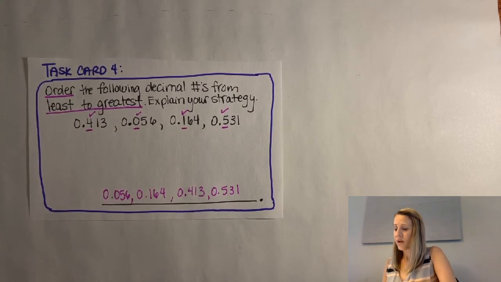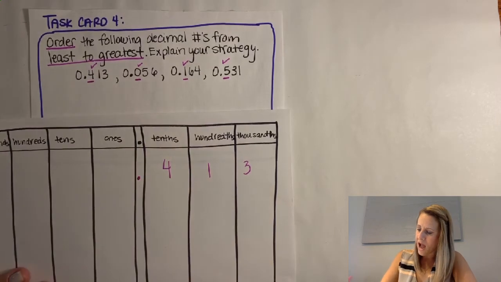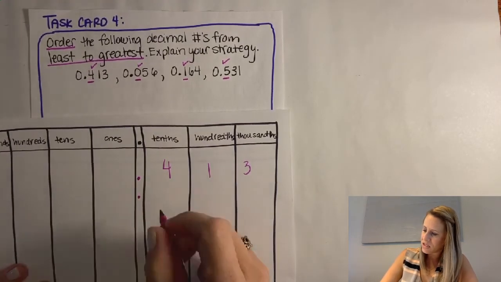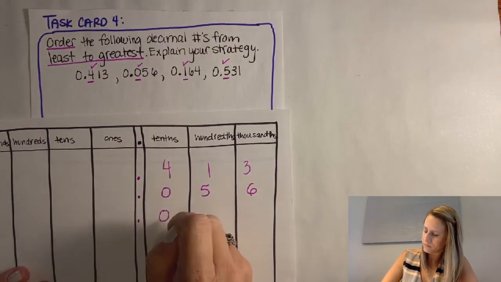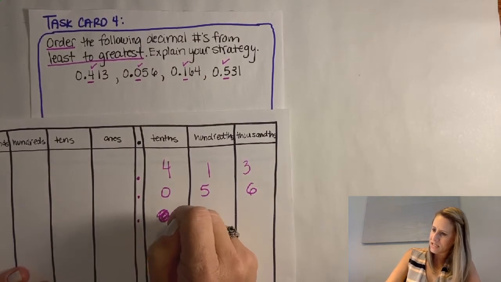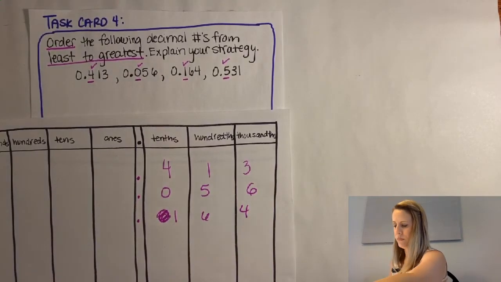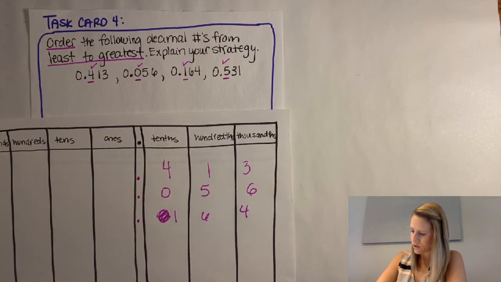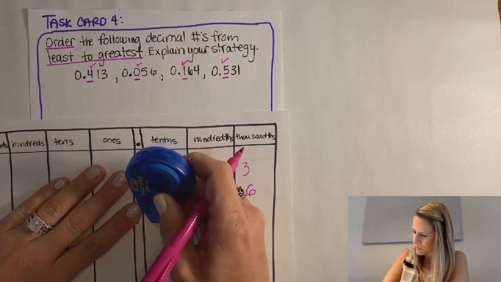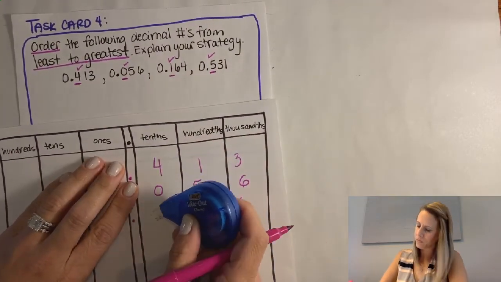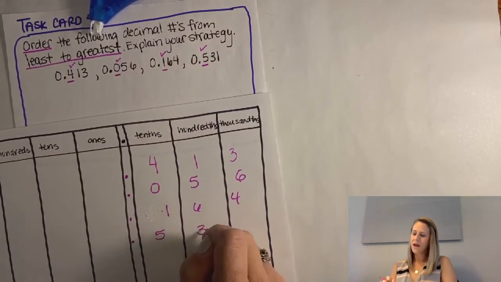You can also use your place value chart and line the numbers up like we did earlier. So I have 413 thousandths, 56 thousandths, 164 thousandths, and 531 thousandths. Okay.